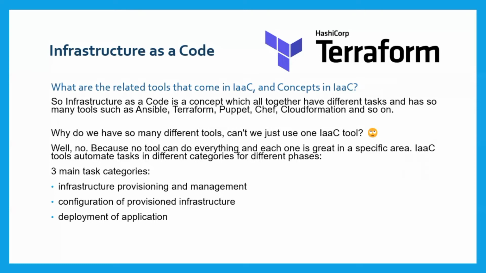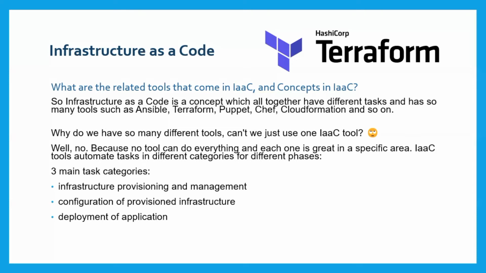So let's now discuss what are those three phases where all these different tools are placed. The three main task categories are infrastructure provisioning and management, then configuration of provisioned infrastructure, and deployment of application. So the first phase, the first task, is infrastructure provisioning and managing that infrastructure, which includes spinning up new servers, then your network configuration, then creating load balancers, and overall configuration at the infrastructure level.